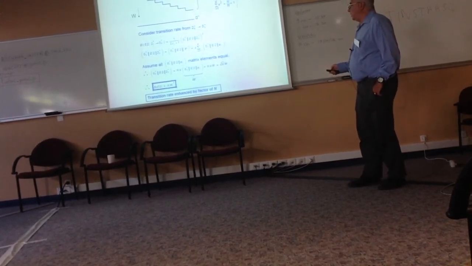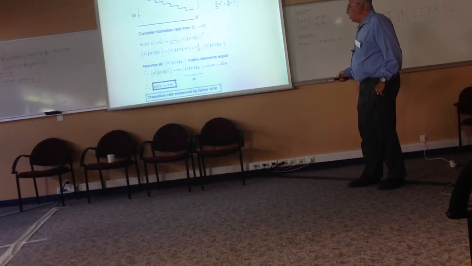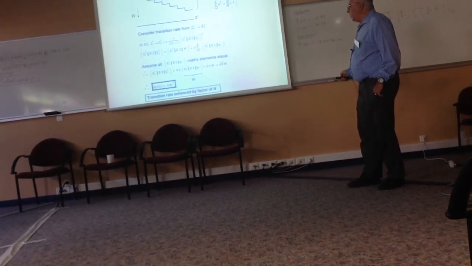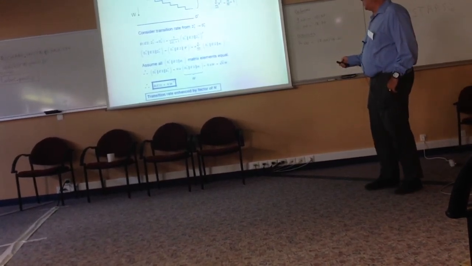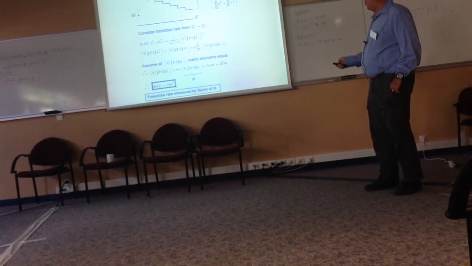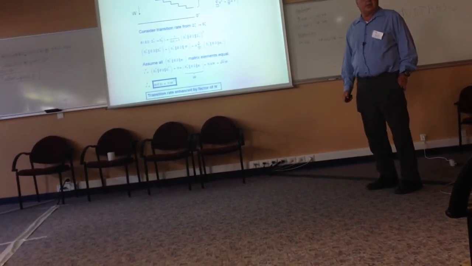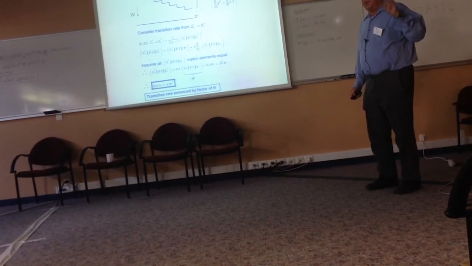I guess I've dropped a factor of 5, but it doesn't matter. So the BE2 is proportional to N W squared. So that says that the transition rate from this final mixed state is N times the transition rate from any one of these. Or I shouldn't say transition rate, I should say the BE2.